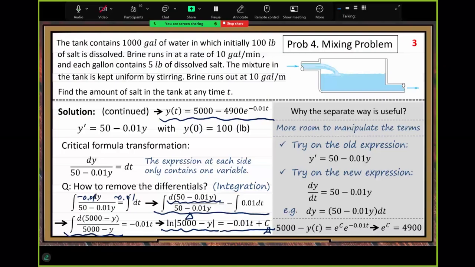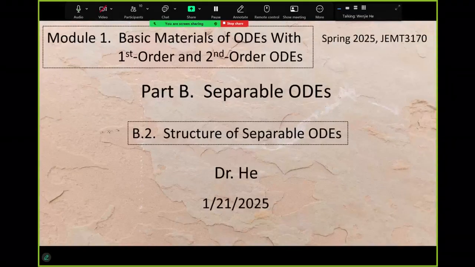Next, we need to work on some more questions, but we want to study the structure of separable ODEs. What do we mean by the structure of a separable ODE?